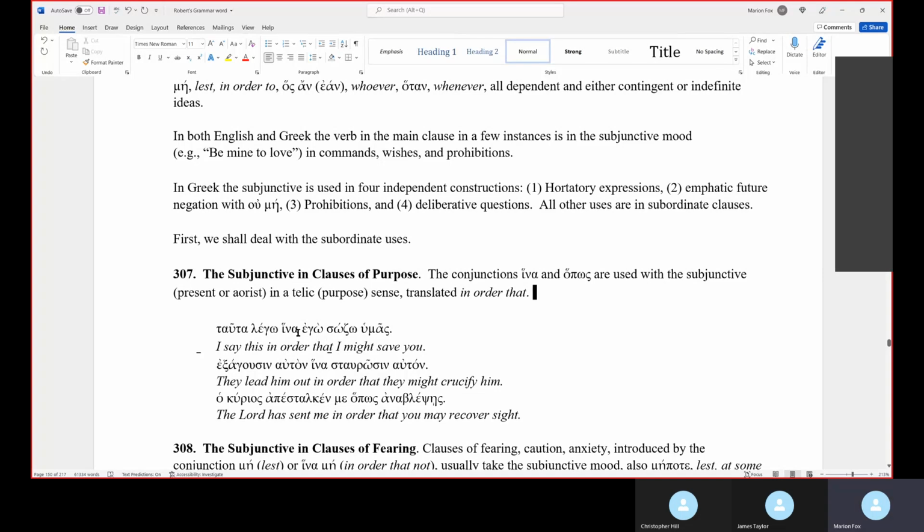Okay, right now. So right here we have constructions in which hina and hopos are used with the subjunctive, either present or aorist subjunctive, in a telic, and that's from telios. There's a whole bunch of words. Telios, I think that's how it's spelled. Let me make sure here. There may be an epsilon right here. I think there is. Yes, telios.